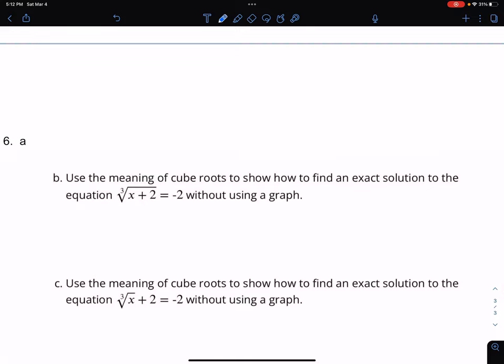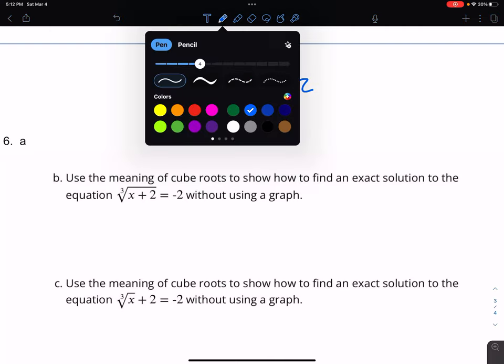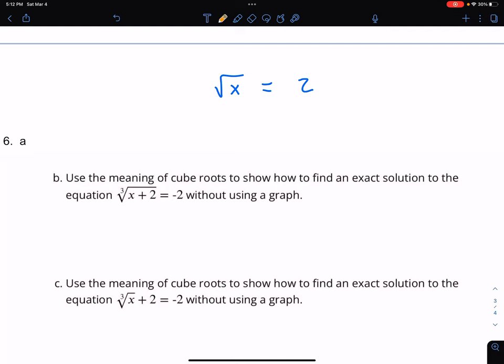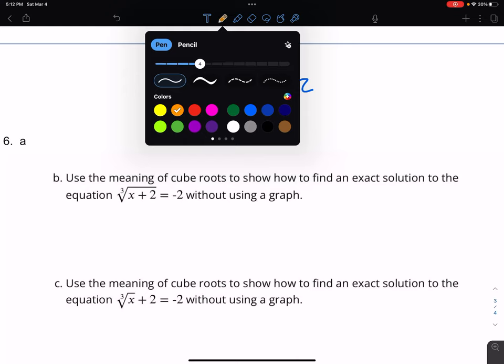And previously, at the beginning of this practice test, we talked about how if you got something under a square root, like let's say the square root of x equals 2, and you're trying to get x all by itself and get rid of that square root, what you would do is square the square root, and then x would come out all by itself.